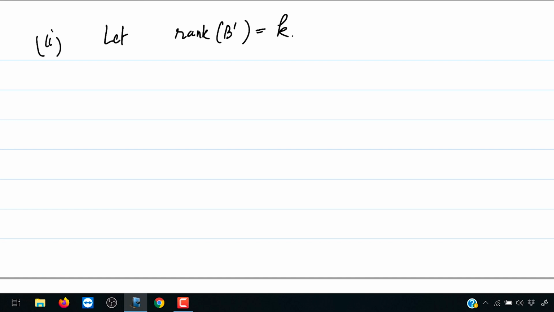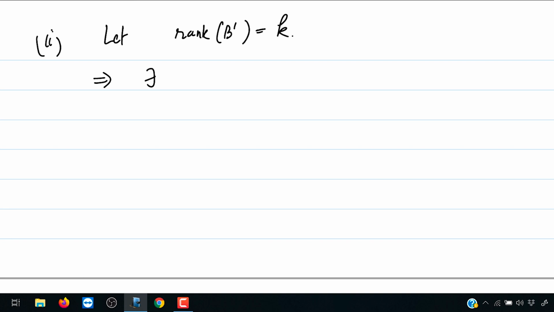But what does that mean? You recall that if a given matrix m cross n has rank r, then you can get hold of elementary matrices E1, E2 up to say E_s and F1, F2 up to F_t. So let me write it down.